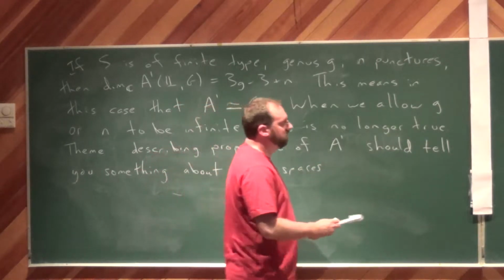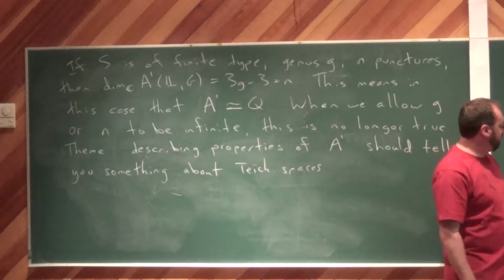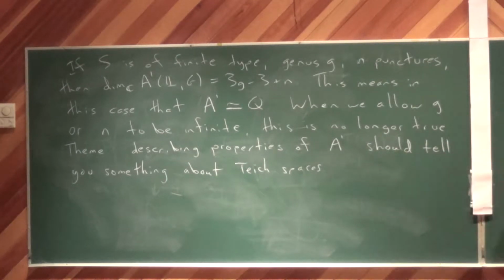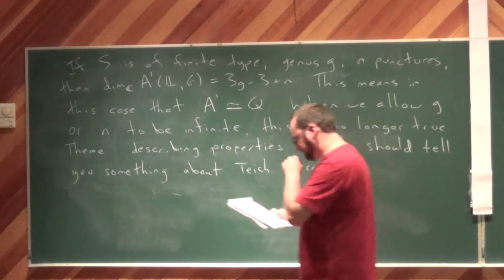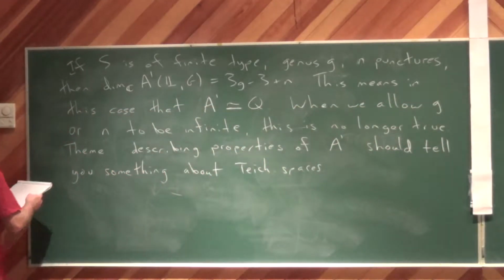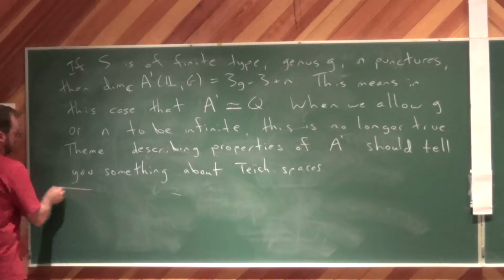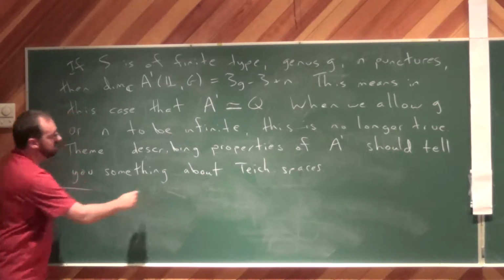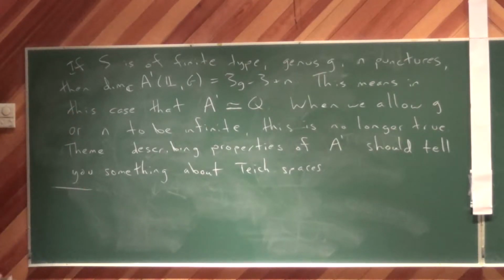So if you know some properties of how two Bergman spaces behave if they're related, that might tell you something about the space Q, which might then tell you something about the Teichmüller spaces. Okay. That, as I say, will be left for tomorrow probably.